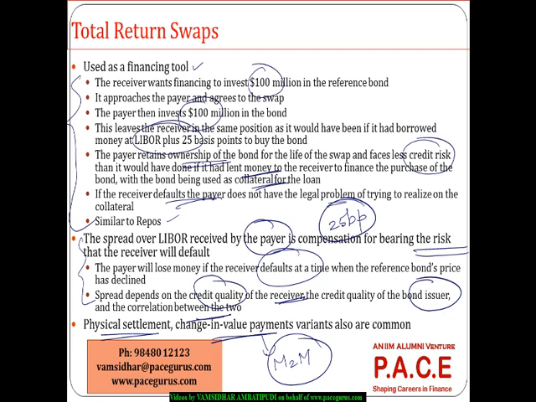Whatever is the gain or loss, instead of settling that gain or loss at the end of the period, we can talk about a mark to market kind of settlement also at regular periodic intervals rather than settling the whole gain or loss at the end where the risk that is exposed is much higher. So some kind of variants to the traditional total return swap also could be very much seen in the market.